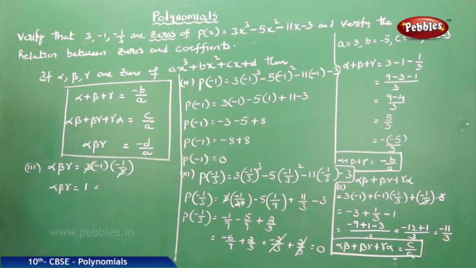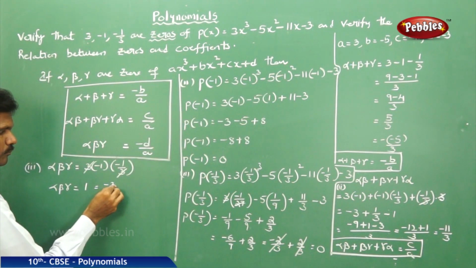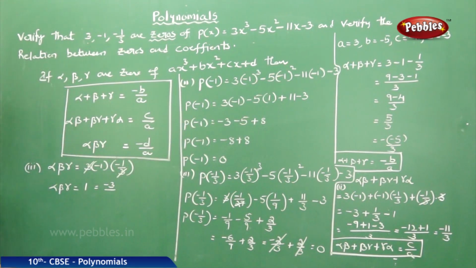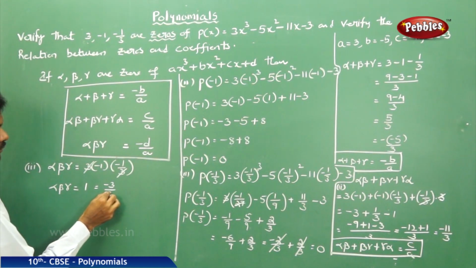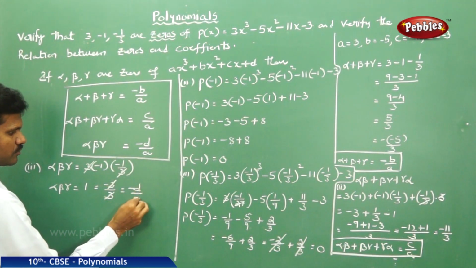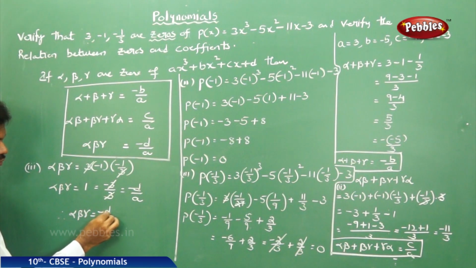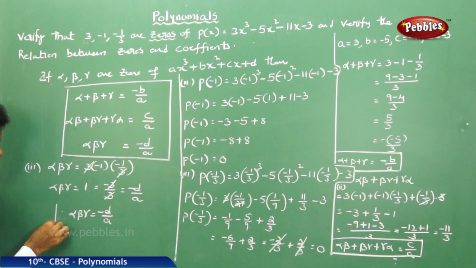Let us see what the d value is: minus 3 by 3, which gives you 1, that is minus d by a. Therefore alpha beta gamma is equal to minus d by a, which is also proved.